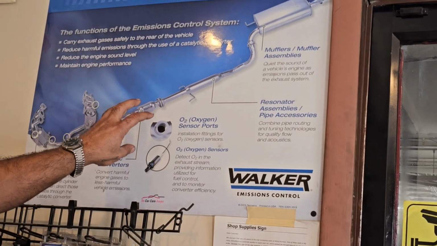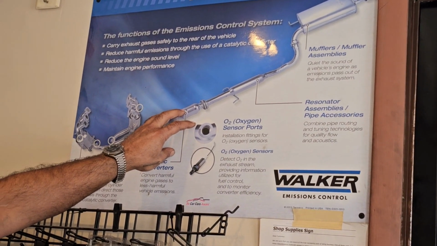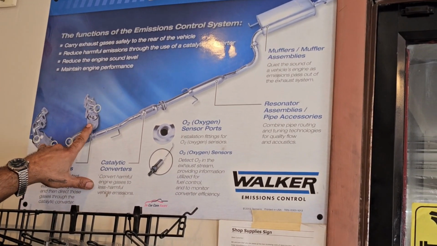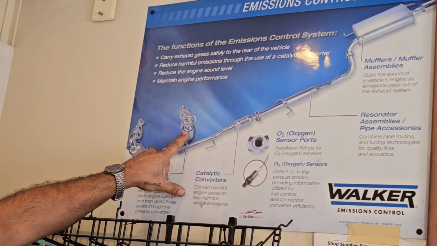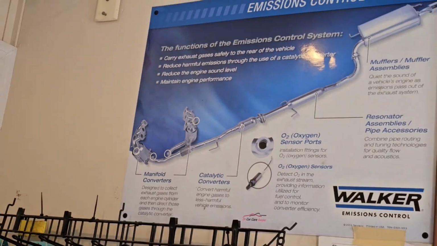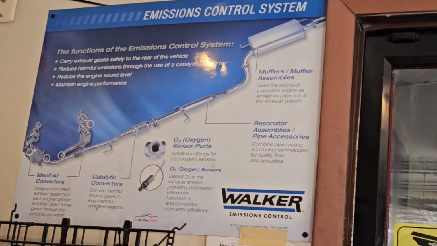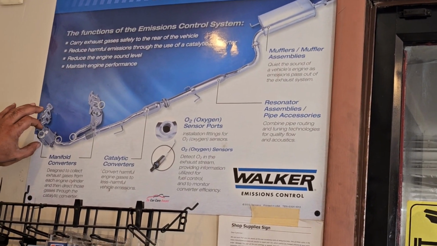Originally, they always used to only have a catalytic converter underneath your car. They're starting to put catalytic converters on the manifold a lot because, like I said, the catalytic converter only works once it reaches a certain temperature. In order to heat them up faster, they're moving them closer to the engine.